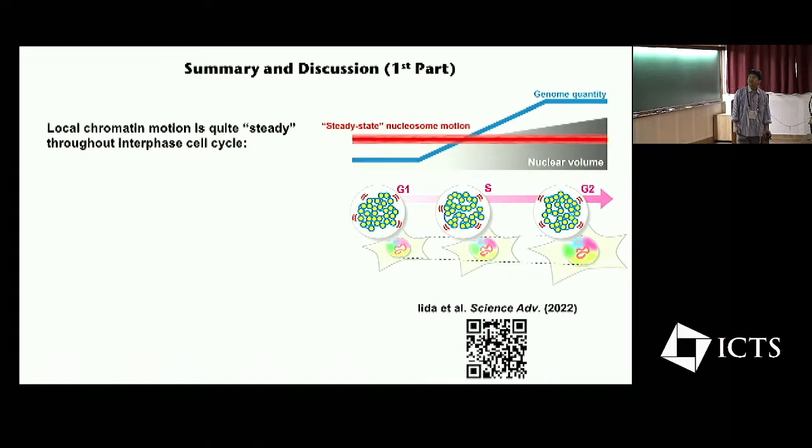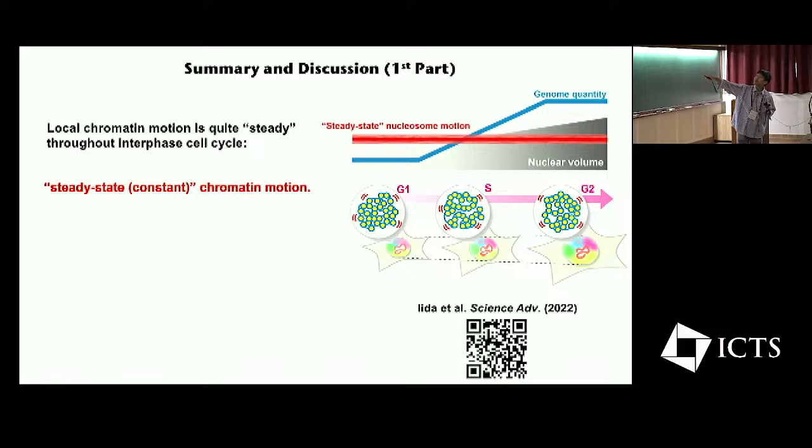Let me summarize the first part of my talk. Our single nucleosome imaging revealed the local chromatin motion is quite steady throughout the interphase cycle from G1, S, and G2. We call this the steady state, a sort of constant chromatin motion.